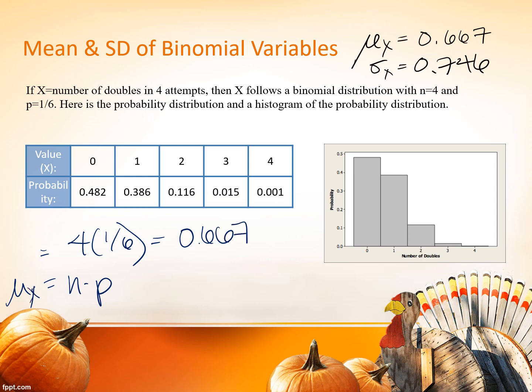So instead of all of that difficult work that I had to do before, I found that the mean is just n times p. This is one of the shortcuts that we can use when we have a binomial. And this is why we bother to check for a binomial, because this is so much faster than what we just did on the previous slide.